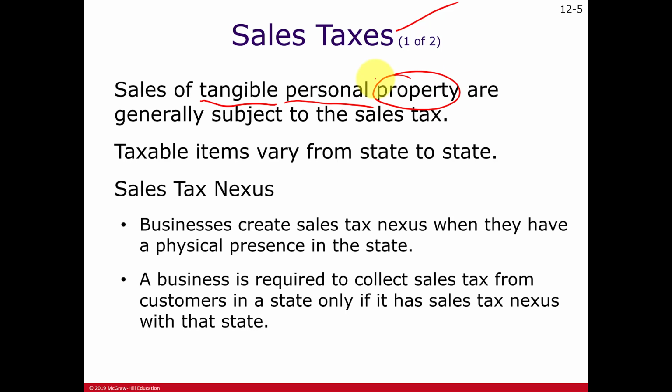Here in Hawaii, sales tax, or the so-called general excise tax, is subjecting this type of property, but also services are subject to the general excise tax. And I'll have a separate video talking about, again, the detail for Hawaii. And other states where you sell in, if they have nexus with your company, can also tax those sales.